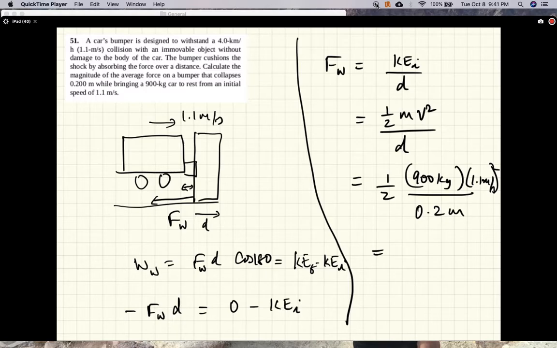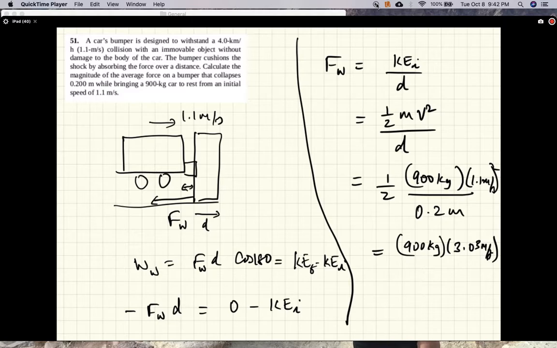So actually, what we'll do is work the rest of those things out. So 1.1 squared divided by 0.4, and that is 3.03 meters per second squared.